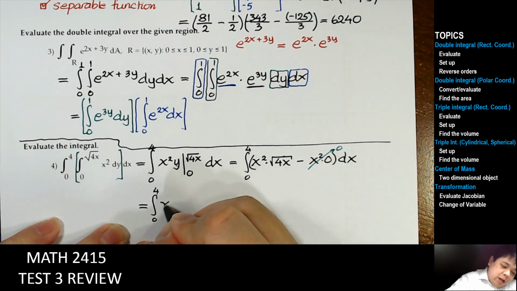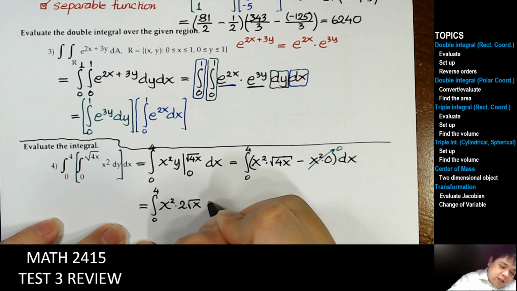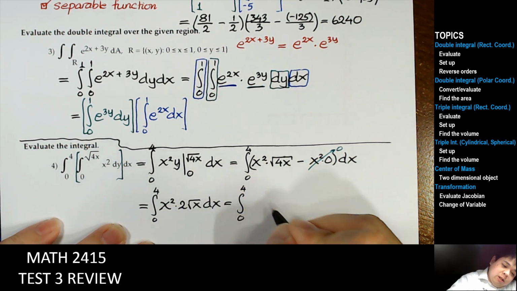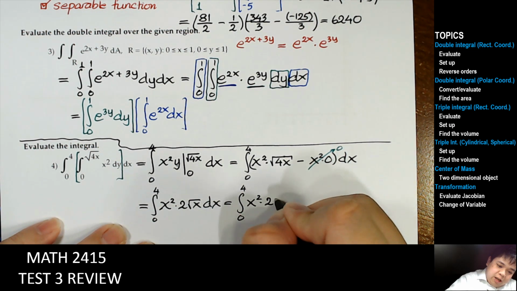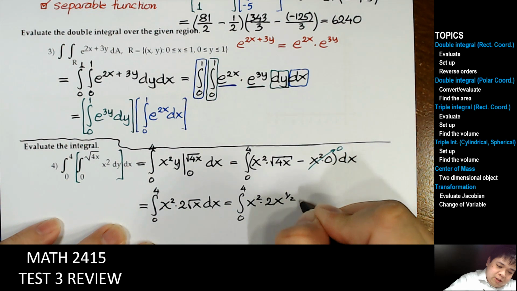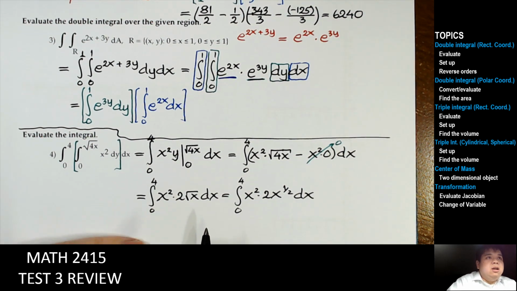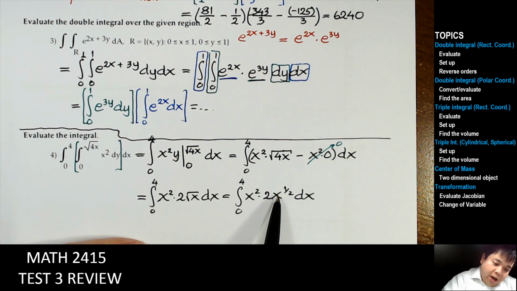So we can write x squared times 2 square root of x dx. Square root of x is x to the 1/2. x to the 1/2 times x squared is x to the 5/2.